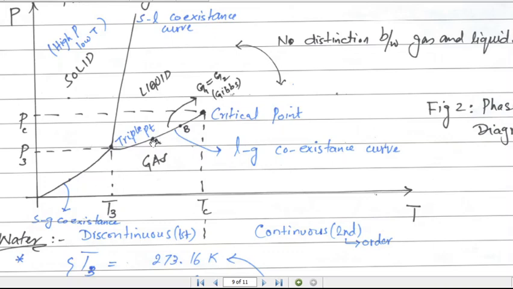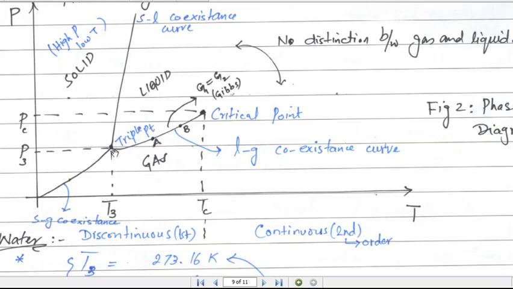For example, if we are at this point, the Gibbs free energy of the system of one phase will be equal to the Gibbs free energy of the other phase as well, because both these phases are stable on this line. And this can give us different information about that thermodynamic system.